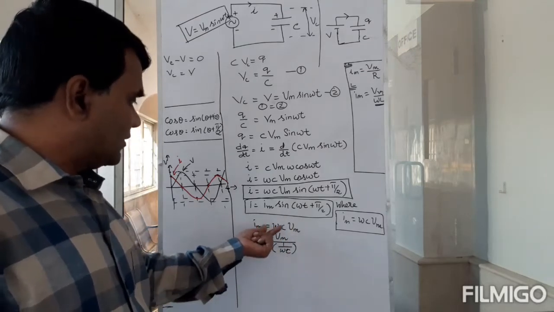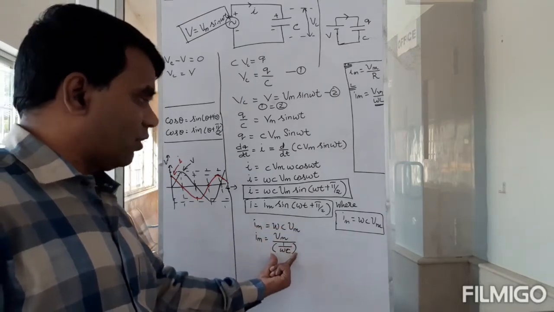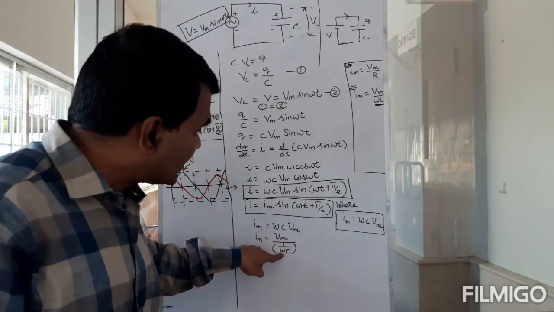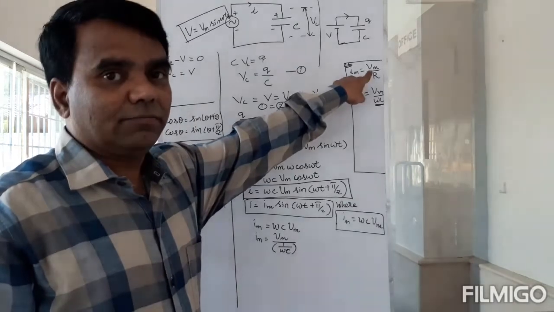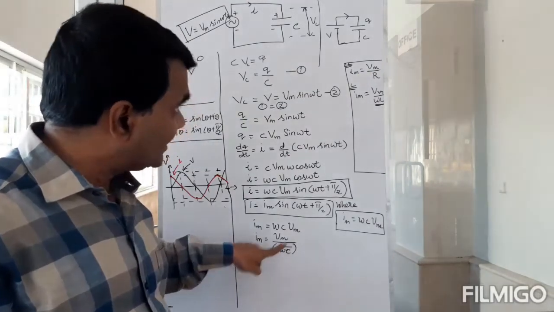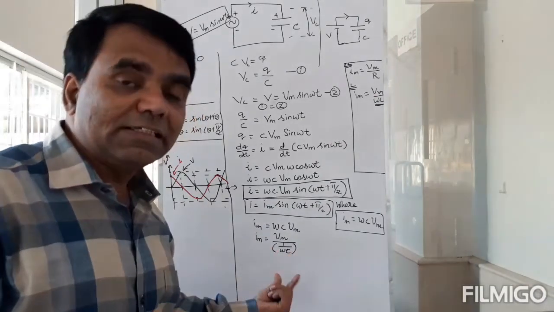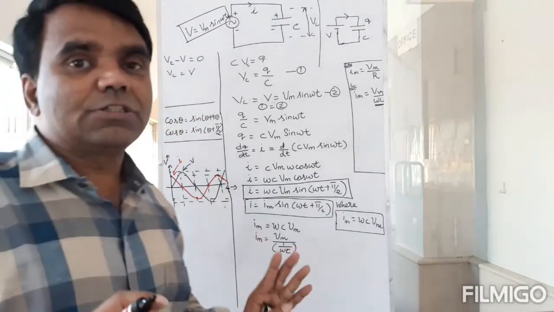But now I have written this omega c into Vm in this form, so that I can say that this 1 by omega c is like my R, or this 1 by omega C is like my omega L, and this 1 by omega C will have the unit ohm.